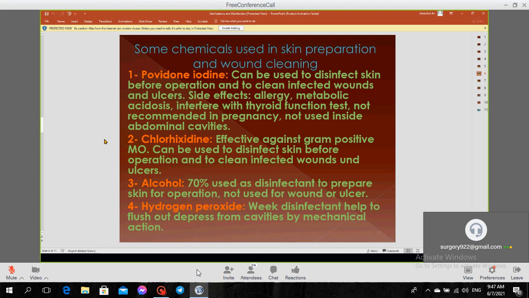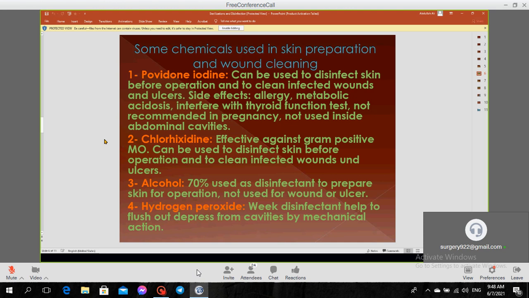Or lastly, which is used to a much lesser extent, is hydrogen peroxide, which is a weak disinfectant. It forms a lot of gas. This gas will help to flush out debris from cavities by mechanical action.